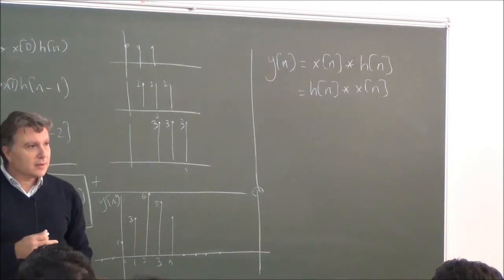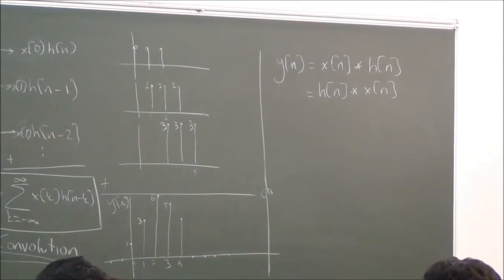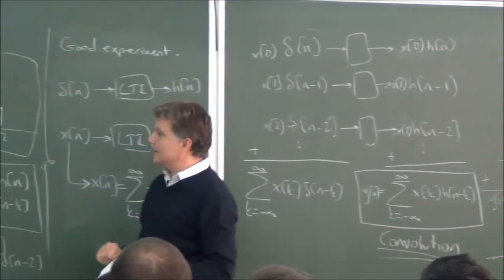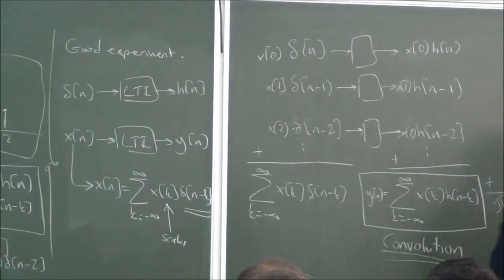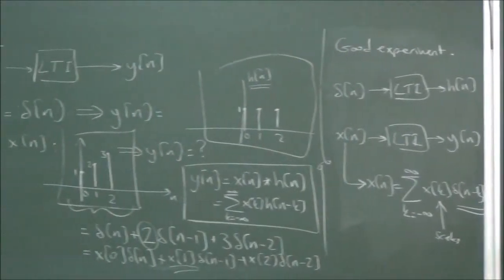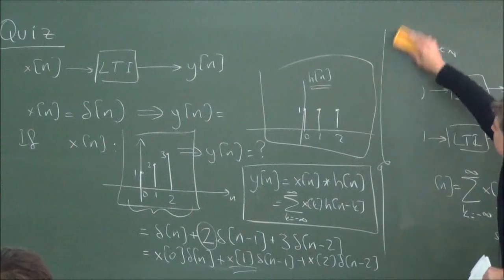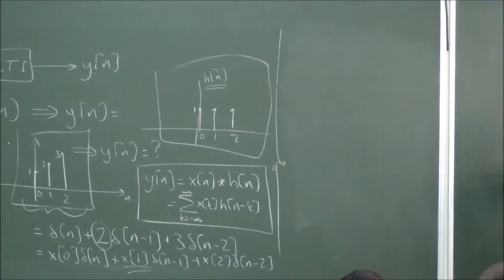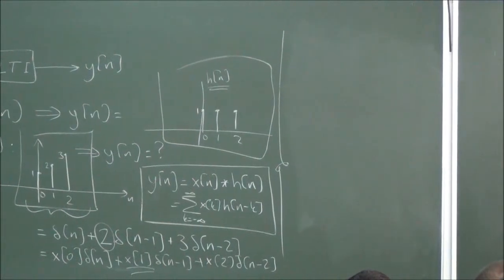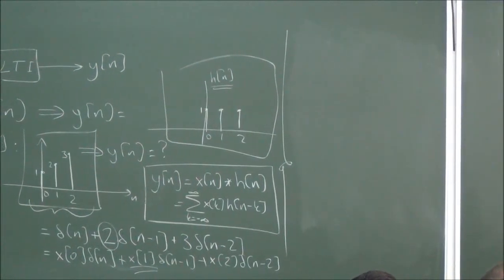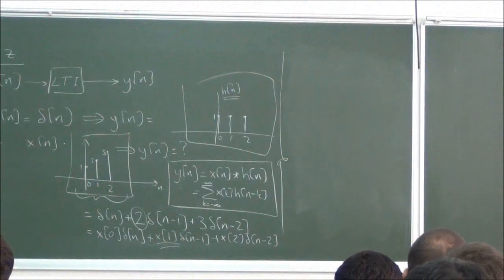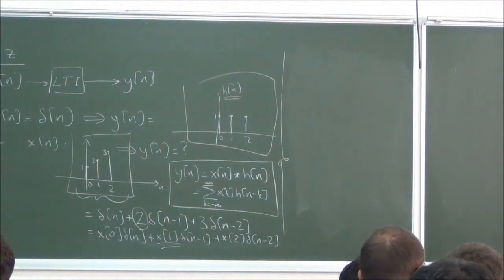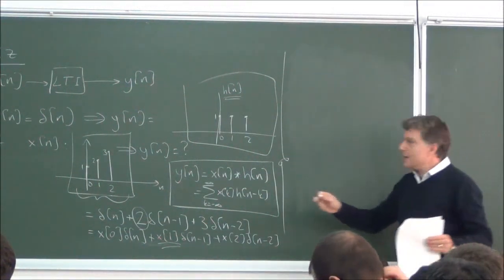Let's verify it over an example here, the same example that I didn't erase, and let's see if the opposite order of h and x holds. So what I'm saying is this.